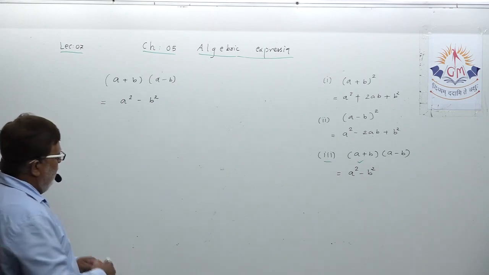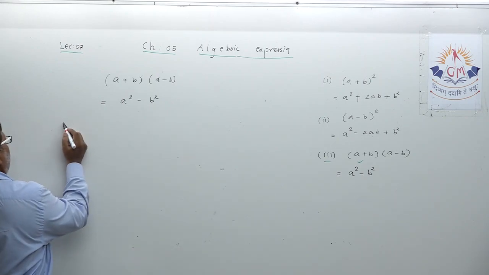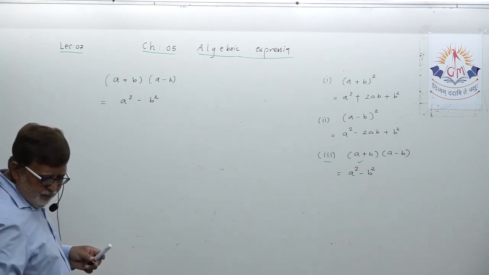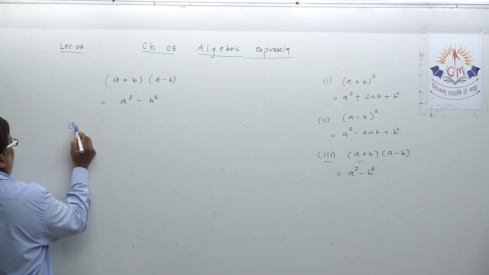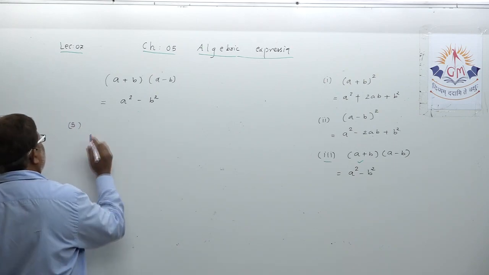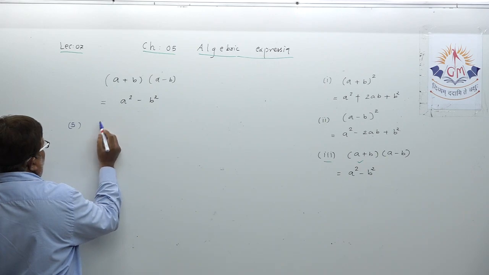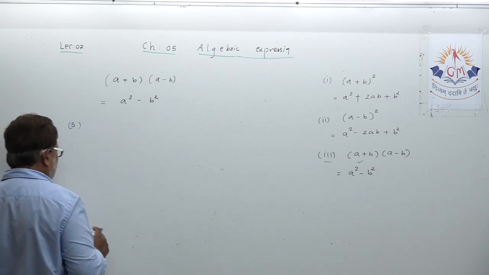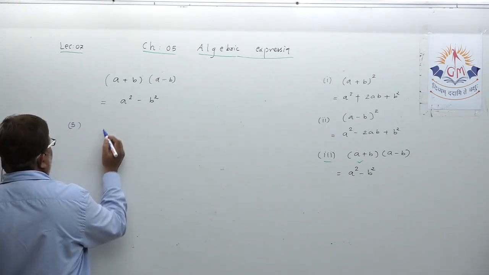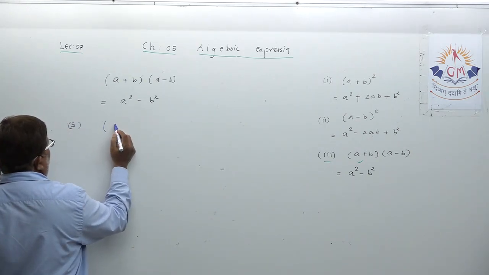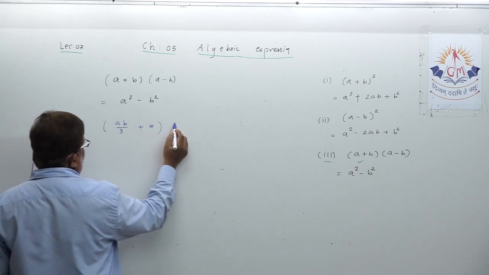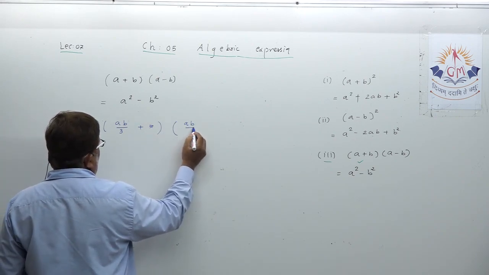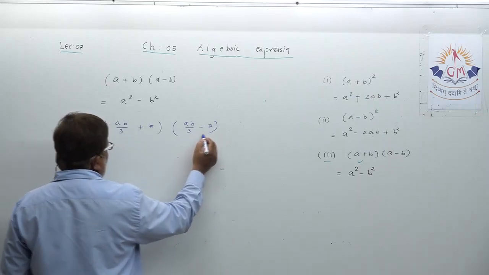Suppose you are given an example like this, example number 5. Suppose I give it this way: ab upon 3 plus 7, ab upon 3 minus 7.